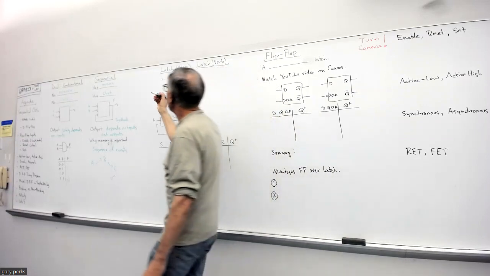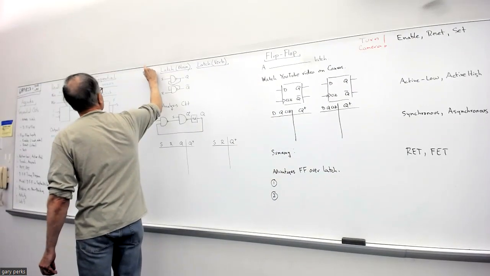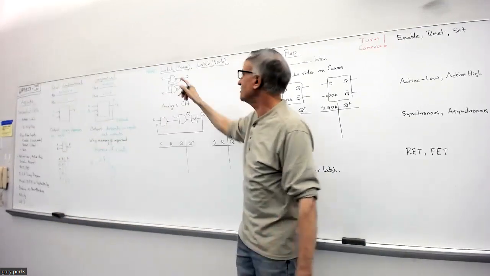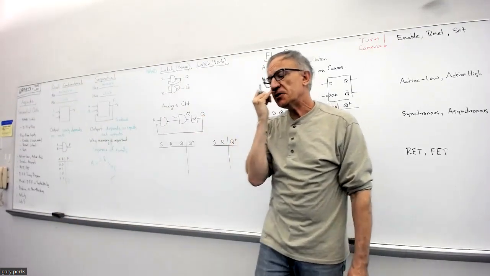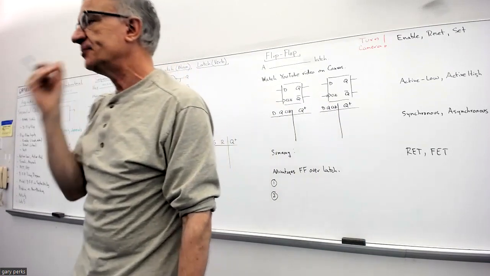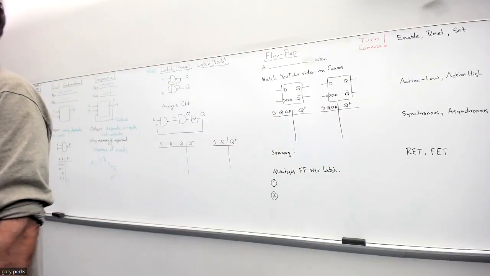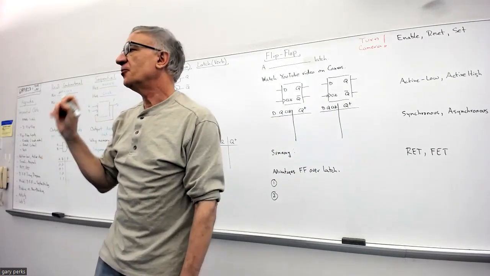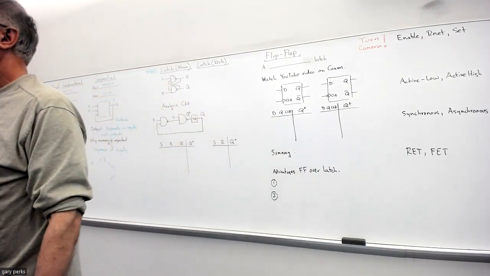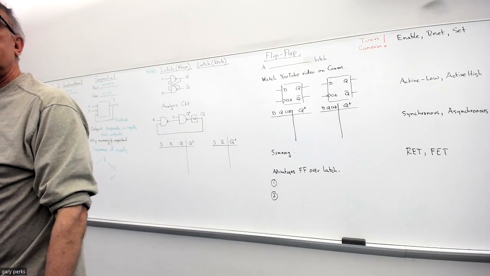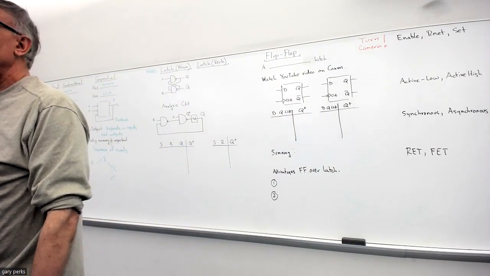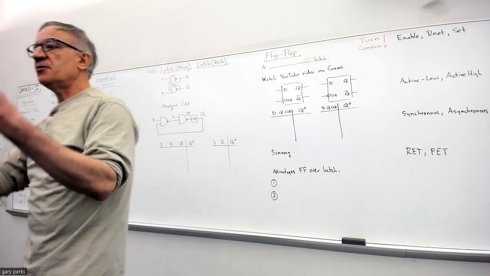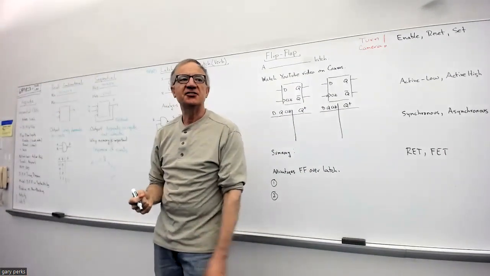This is a NAND latch. Obviously, it's called a NAND latch because it's made out of NAND gates. But you can also make a latch out of NOR gates. In fact, that's what the activity is going to be. Or one of the activities, actually two activities. One activity is, after I go through how the NAND latch works, I want you to take the approach that I show you and apply it to a NOR latch.